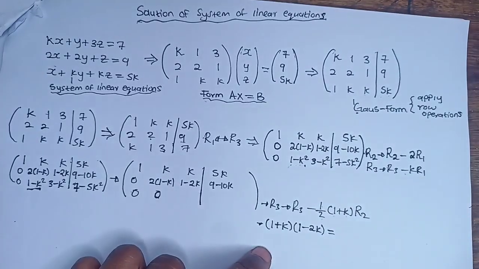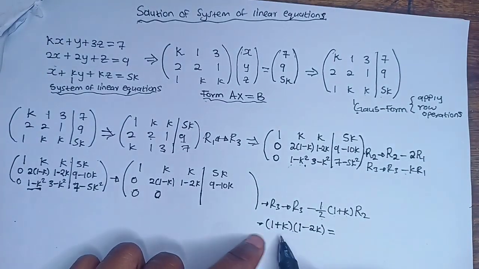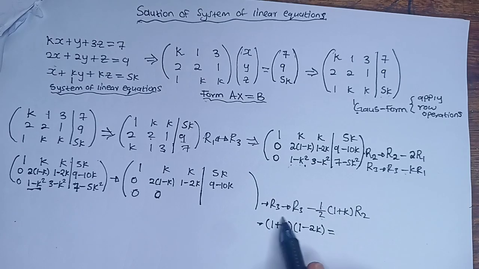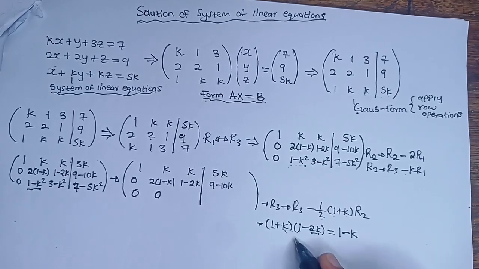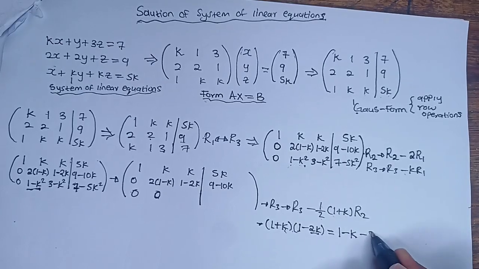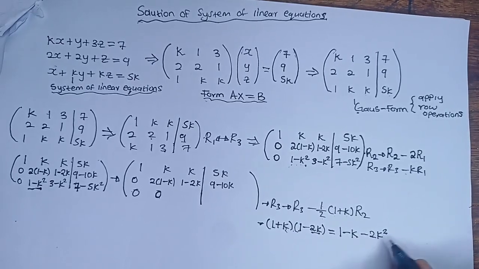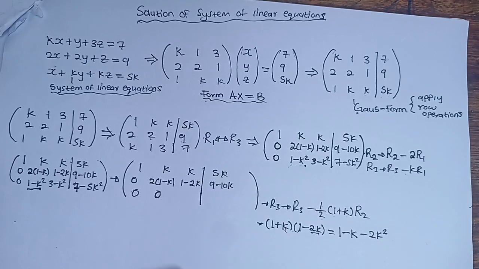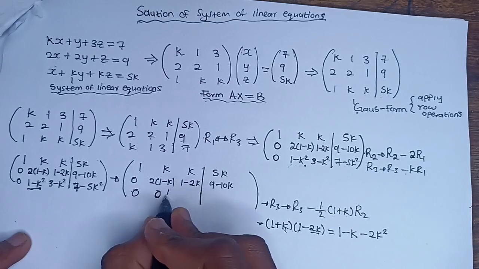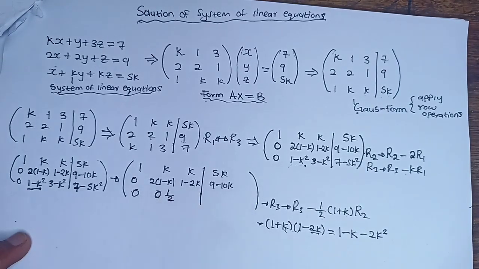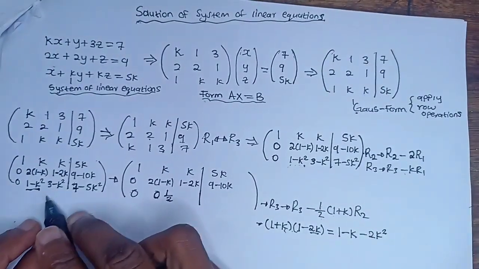To make it simpler, let's simplify this term. Applying the FOIL method, 1 times 1, you get 1. Then 1 times this, you have a minus 2k. Then k times this, you have plus k, so this becomes minus k. Then this times this is minus 2k squared. Oh, I forgot this part, 3 minus k squared.